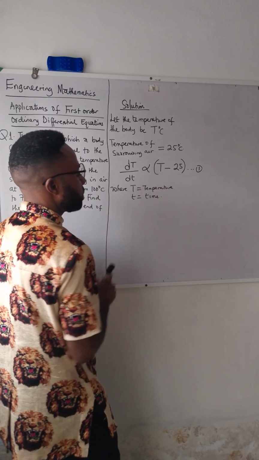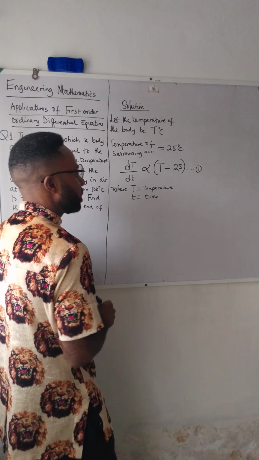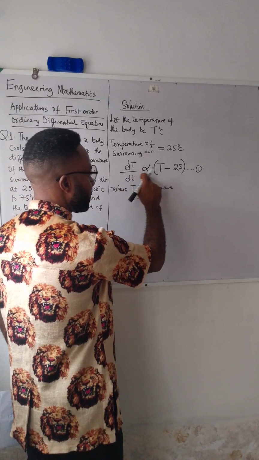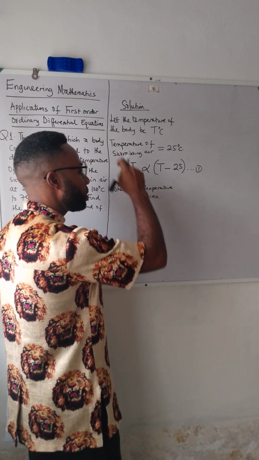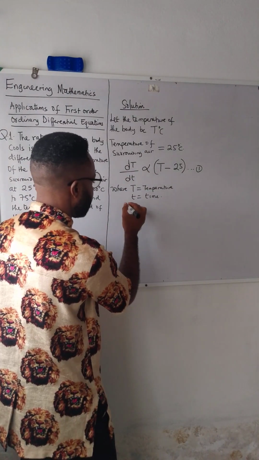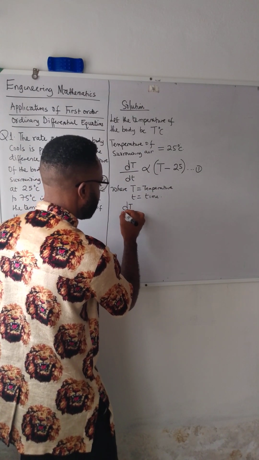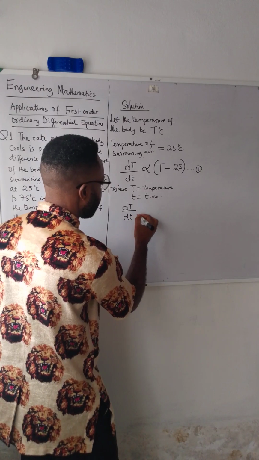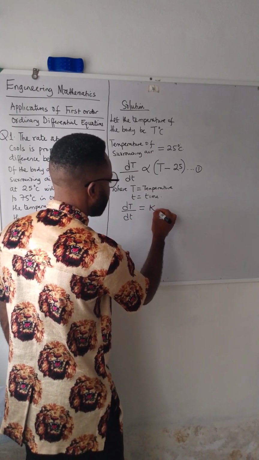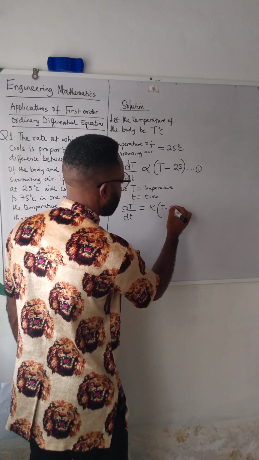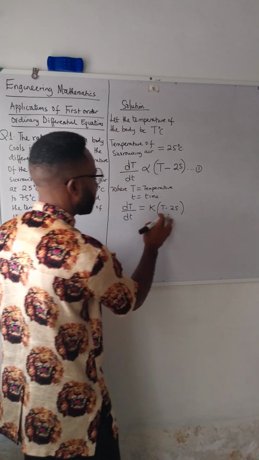So if we introduce the equality sign into equation 1, if we replace the sign of proportionality with the equality sign, we introduce a constant. So we have dT over dt will be equal to k into (T minus 25). Okay?